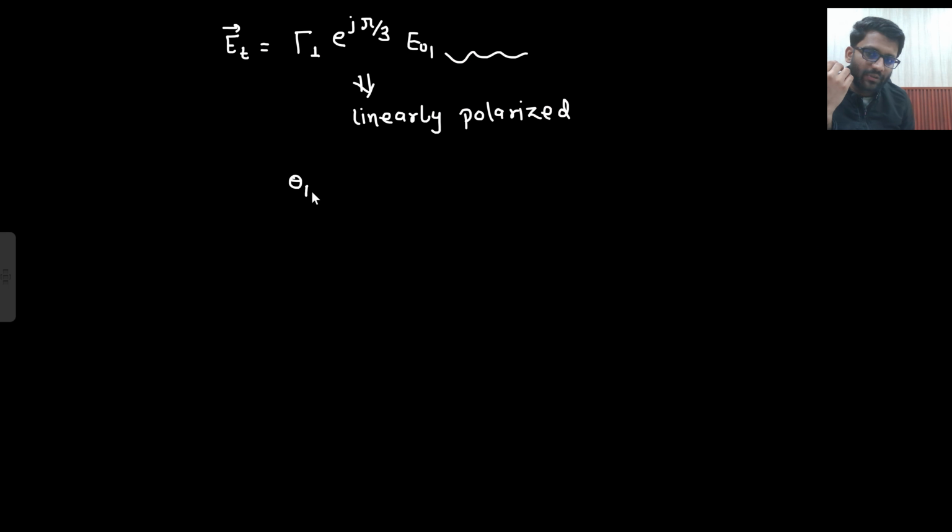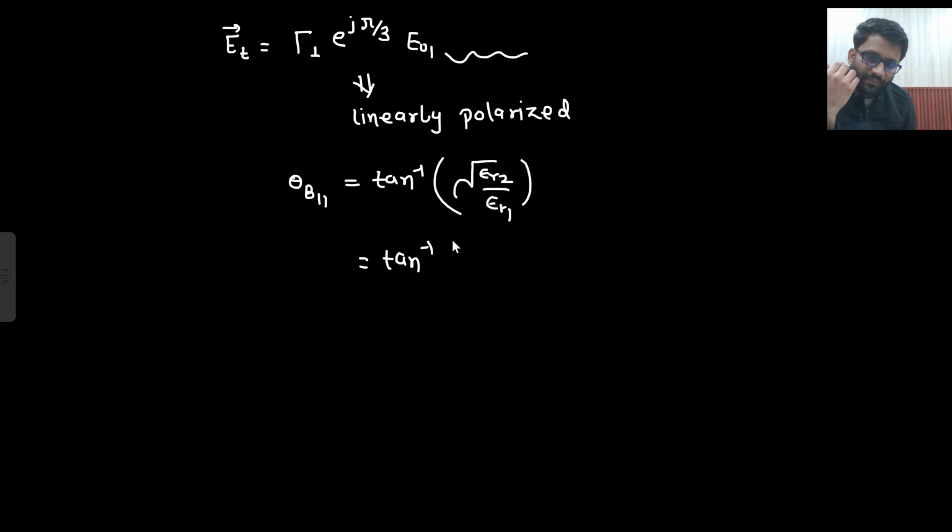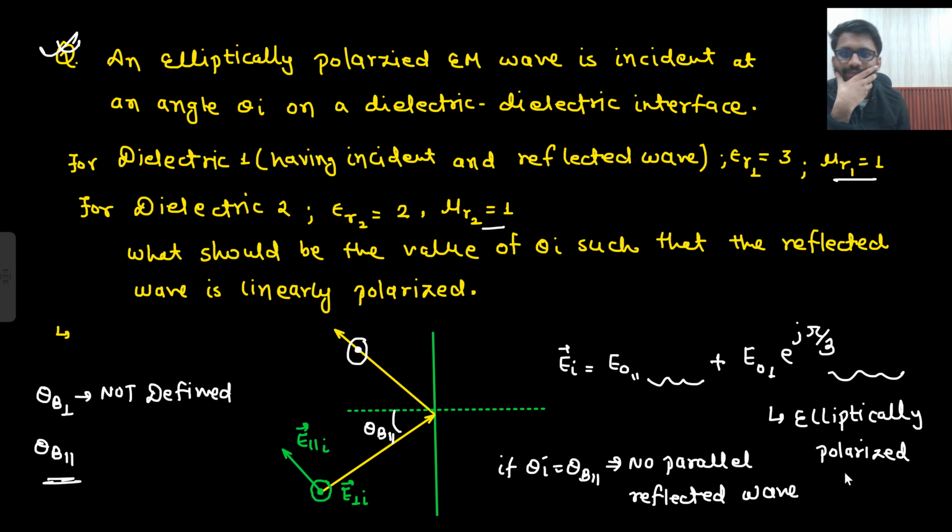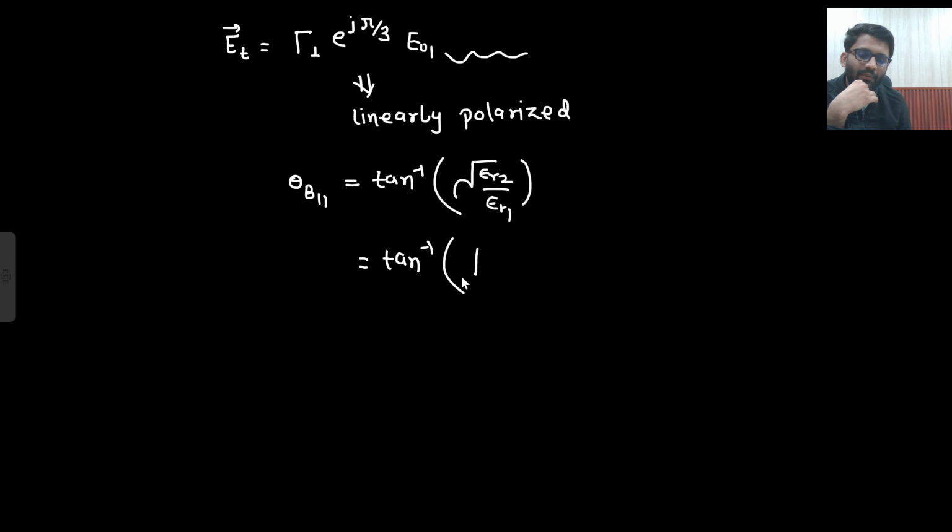So what is my Brewster angle? If you remember the formula, tan inverse under root epsilon r2 divided by under root epsilon r1. So tan inverse under root epsilon r2 is, so this will be under root 2 by 3. So tan Brewster angle will be equal to what?